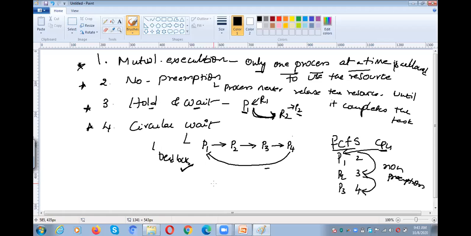And the next one, what about round robin? Round robin is a preemption algorithm. Why is it called a preemption algorithm? For example, there are three processes P1, P2, P3. P1 requires 4 milliseconds of CPU time, P2 requires 3 milliseconds, and P3 requires 5 milliseconds.